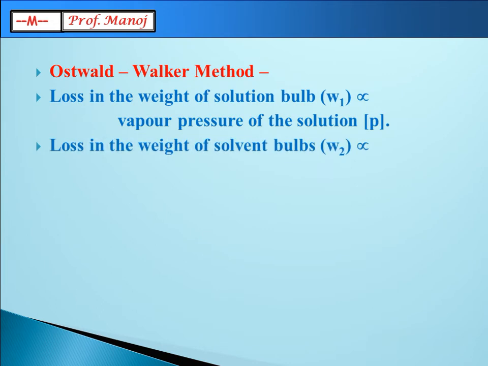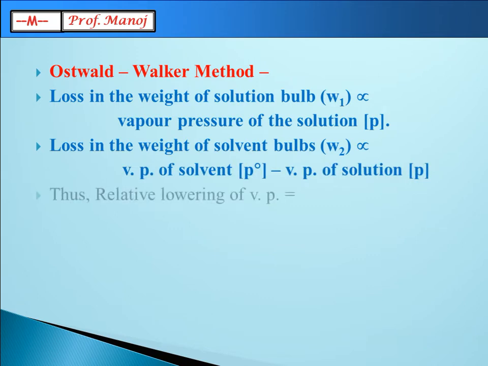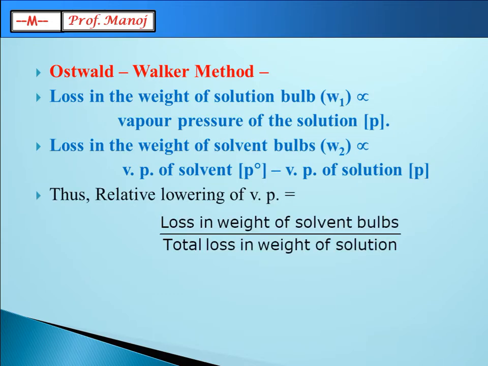So loss in the weight of the solvent bulb is given by the vapor pressure of the solvent minus the vapor pressure of the solution. Finally, the equation is loss in the weight of the solvent bulb divided by the total loss in the weight of the solution bulbs. This simple experiment gives us the relative lowering of vapor pressure.